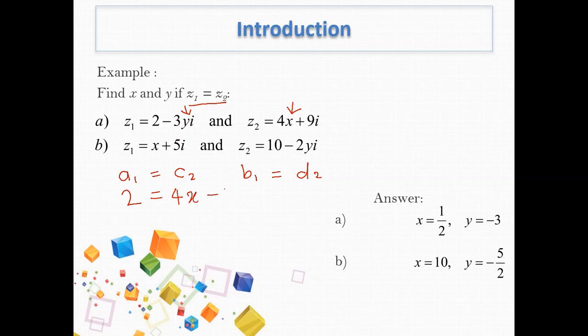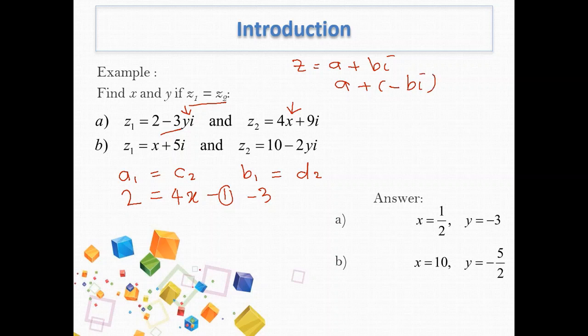So we have one equation here. What is b1? b1 is negative 3. It's not 3 but negative 3, because our standard form, don't forget, is a plus bi. Whenever it is minus 3i, it means that a is plus with negative bi.